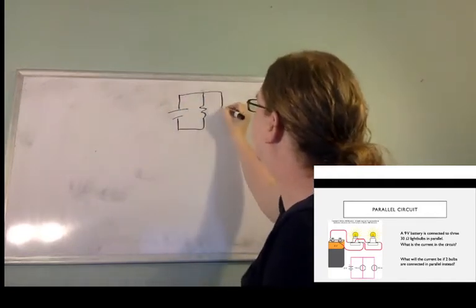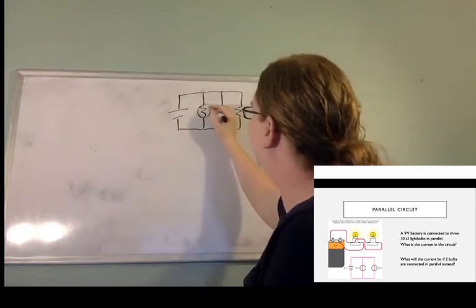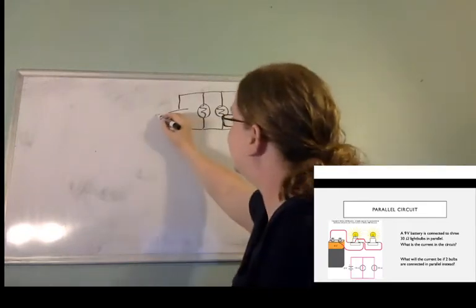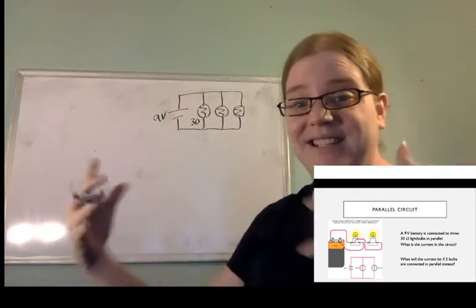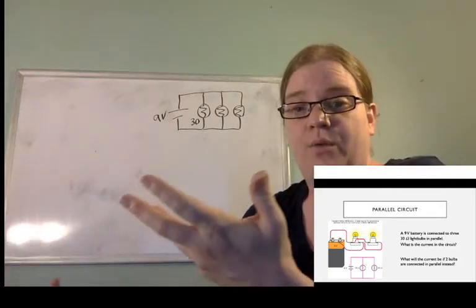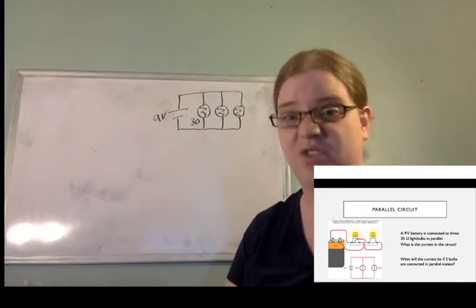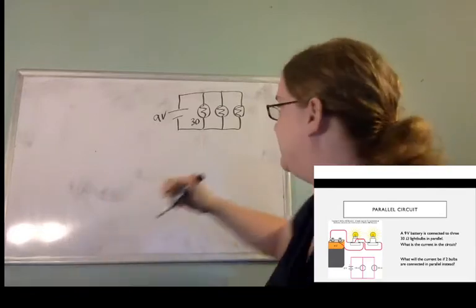There's my first 30, my second 30, my third 30. Like that. Again, this is 9 volts, and each of these is 30 ohms. So if we had to guess, it seems like the equivalent resistance we get should be smaller than 30. Let's see what happens.